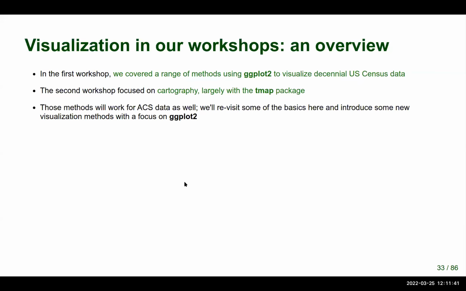For 2020, pretty much all we have for decennial US Census data is total population, race, ethnicity, and group quarters status. And that is basically it. We also have occupied and vacant households. And so there really aren't a lot of options available for data visualization.